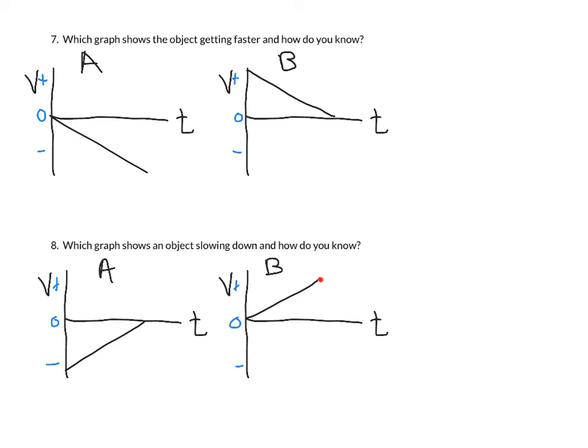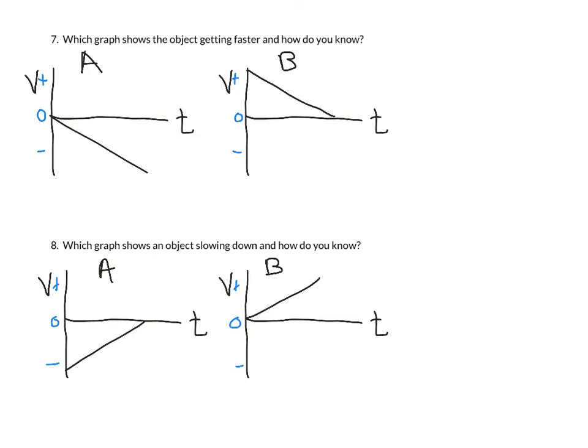It gets bigger and bigger. It's going up the axis on the positive side, which means that's getting faster in the positive. This one was getting faster in the negative, going away from the 0. Faster negative, faster positive. Getting slower negative, getting slower positive. Those are the only 4 options we have.